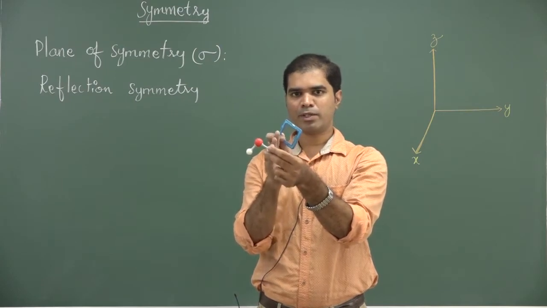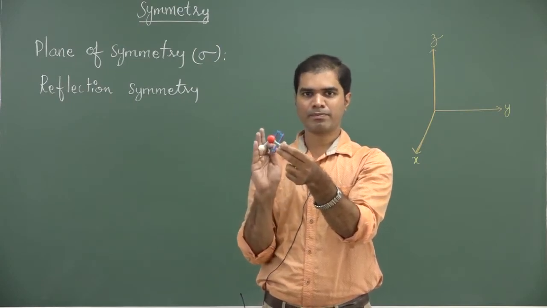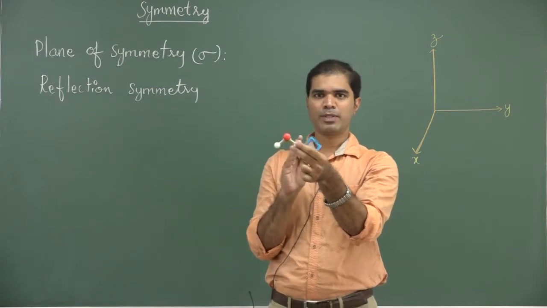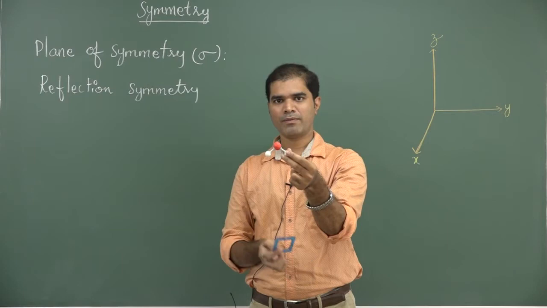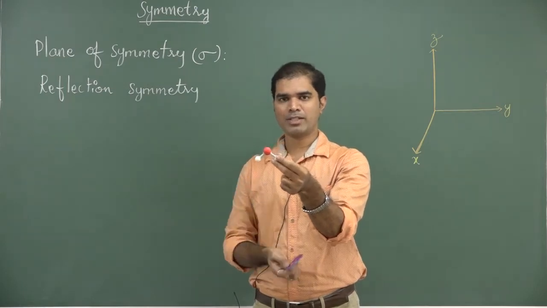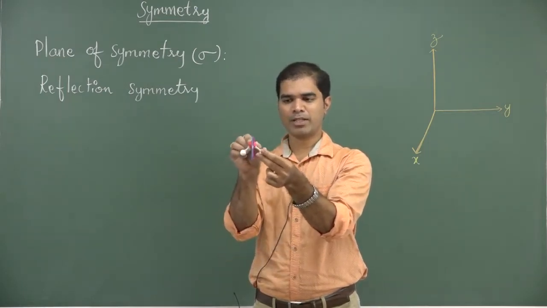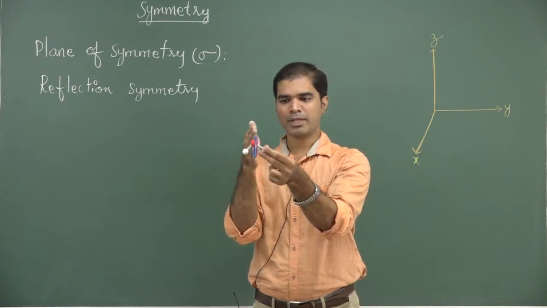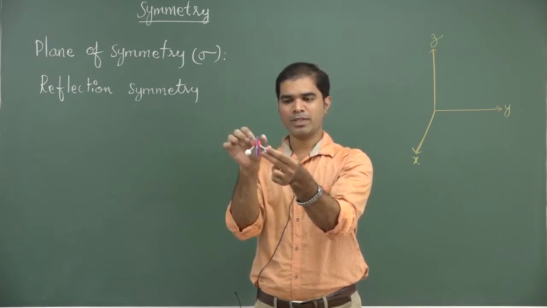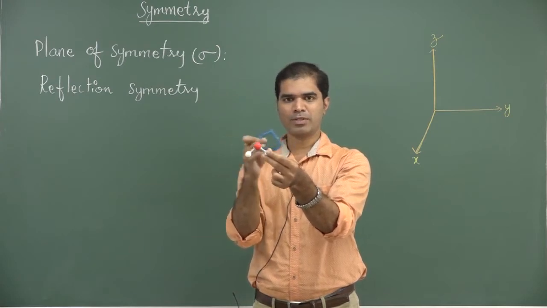Each half will reflect into the other half. This is the definition of a plane of symmetry. Once we hold any molecule, we have to simply check how many planes are present. This was one plane that I was showing you, right? So if I pass a plane that can bisect the molecule into symmetrical halves, each half is a mirror image of the other.